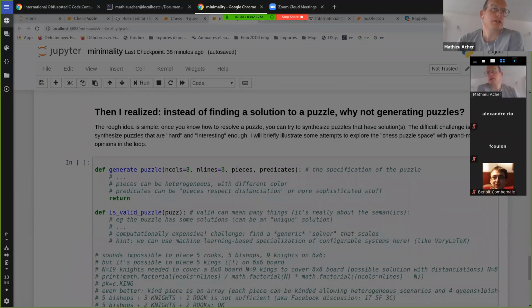So it's quite interesting from an intellectual point of view to propose some puzzle, because you're a designer of something and you have to think about something which is kind of hard to resolve, kind of elegant, kind of nice, kind of addictive, I would say. So of course it's kind of art, but maybe we can assist people, or maybe a computer can find interesting puzzles. And the algorithm will be like that.